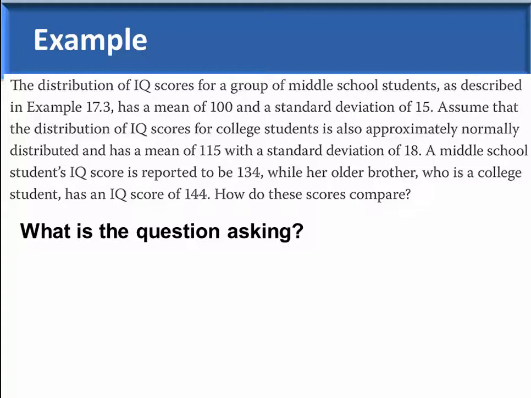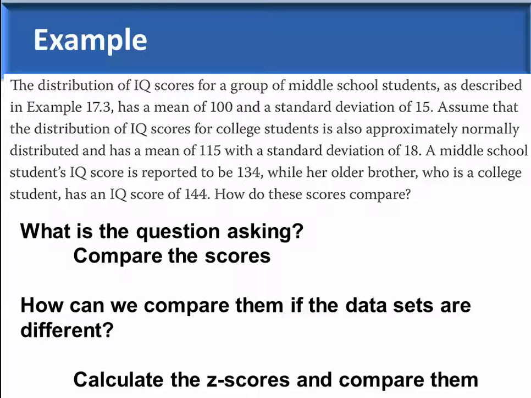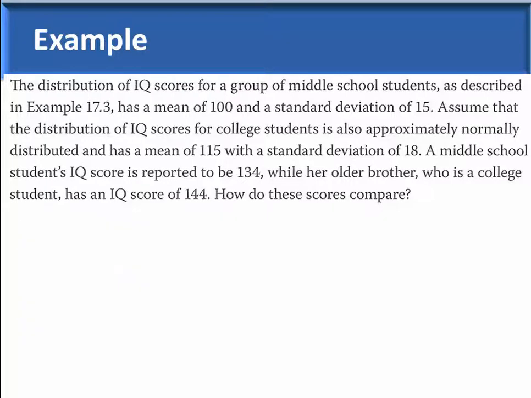So we're going to calculate the z-score for both, calculate the relative value, how many standard deviations away from the mean is the middle school student and the college student, and then compare those standardized scores. So since the data sets are different, we calculate the relative value by doing a z-score and comparing that directly.